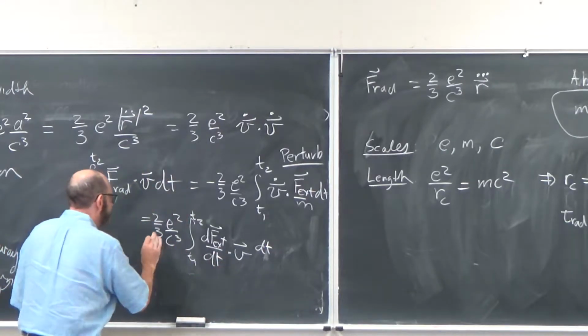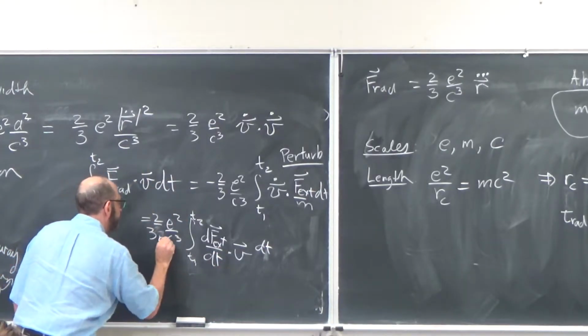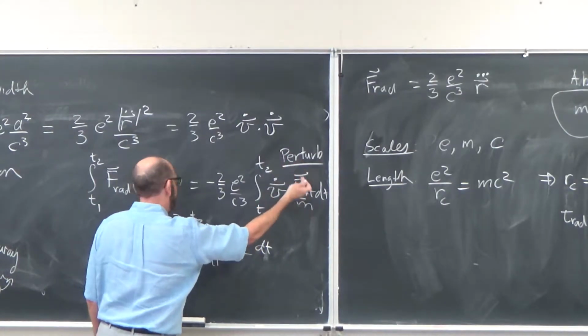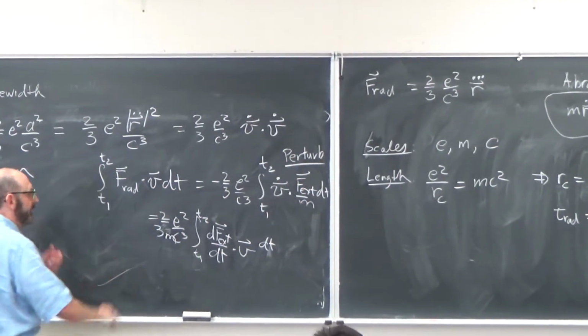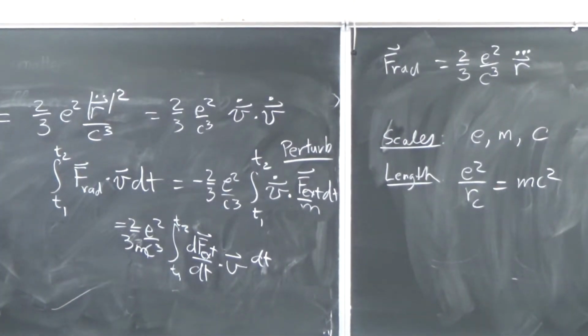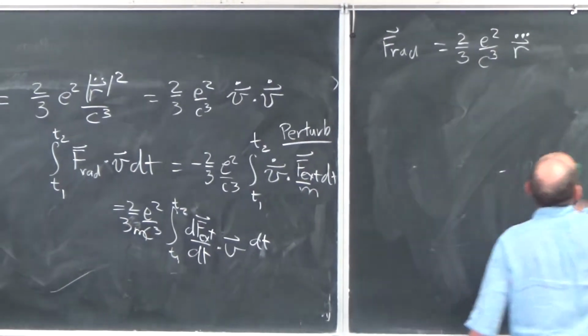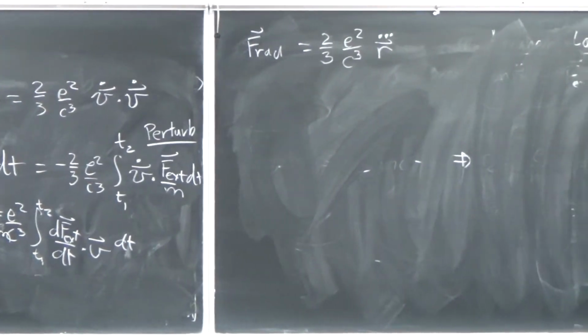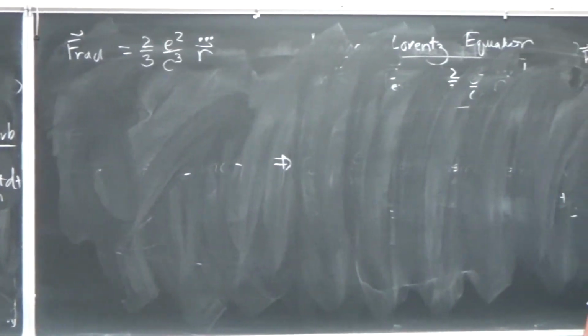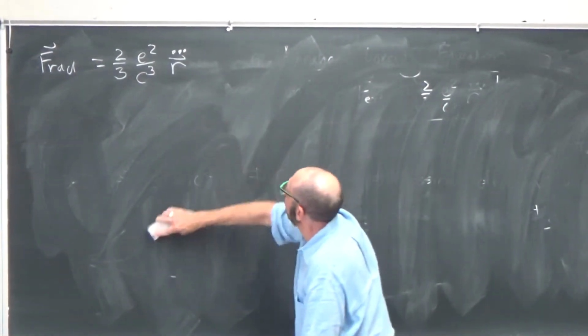integration by parts, put the derivative here on that side with the minus sign, get rid of the surface terms, and in this perturbative limit, I get a manageable expression for the radiative force.